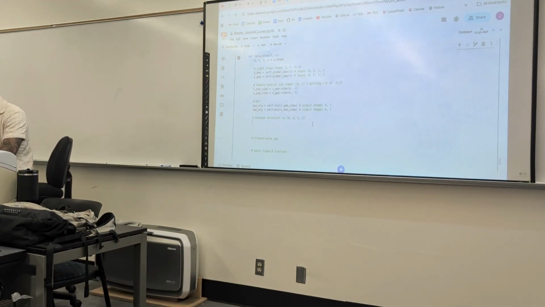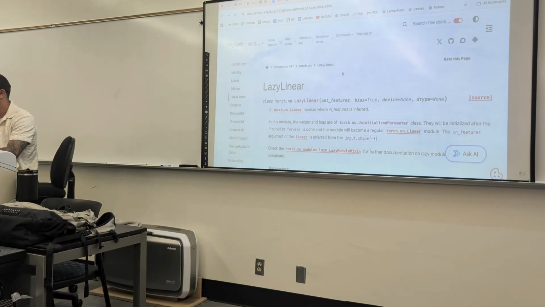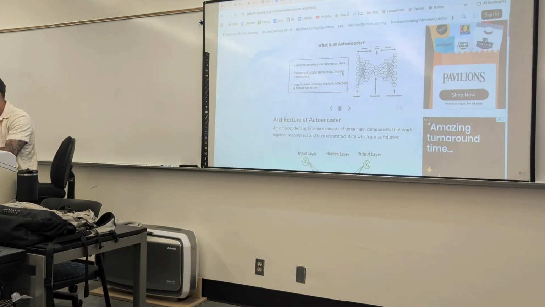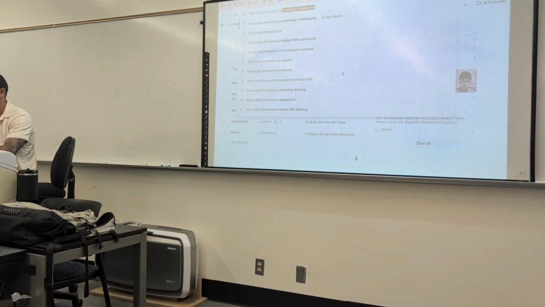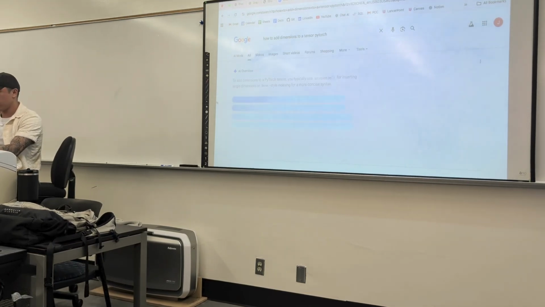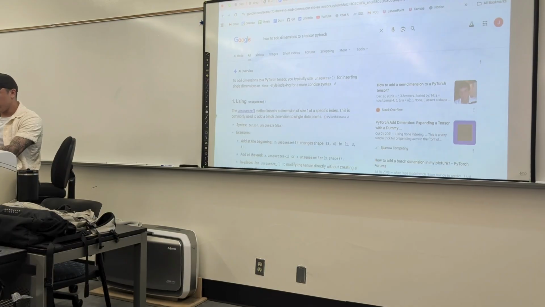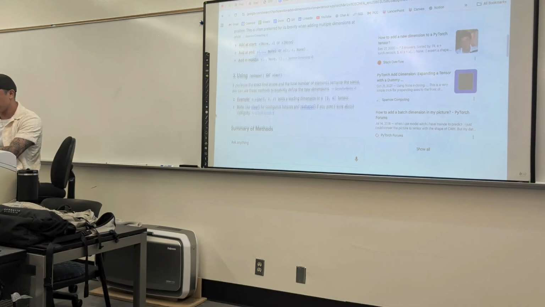Okay, so back to reshaping. So we need a 1 by 1 by 1. Let's go with this: how to add dimensions to a tensor. Unsqueeze, new axis, reshape, or view.